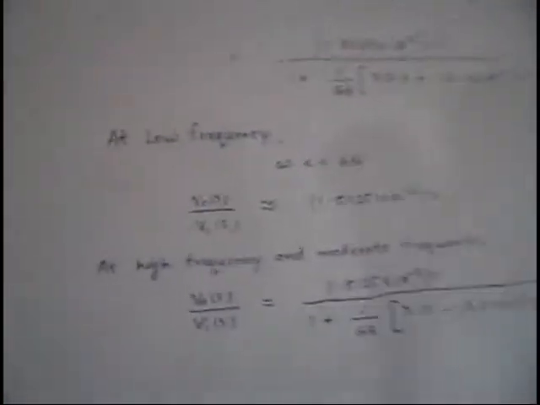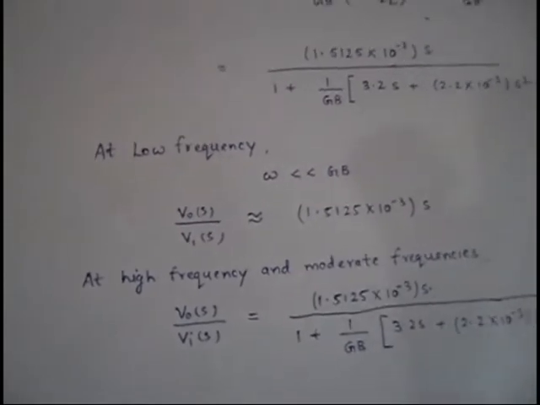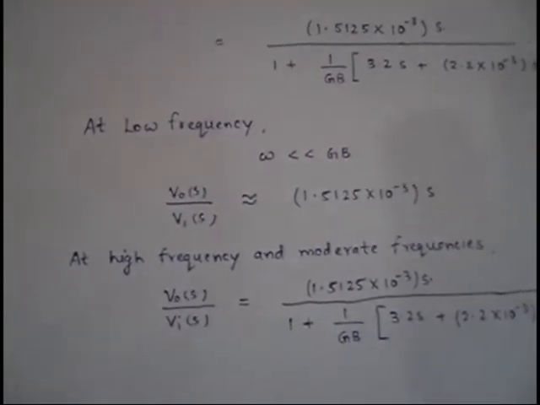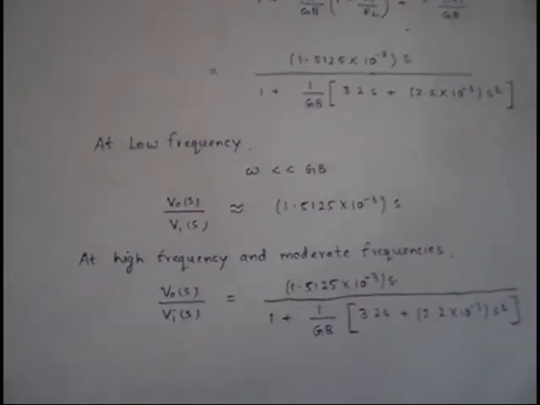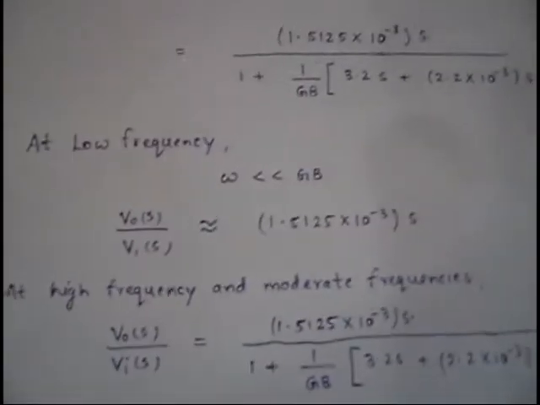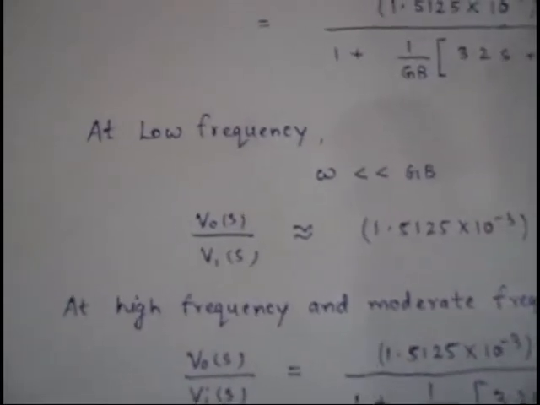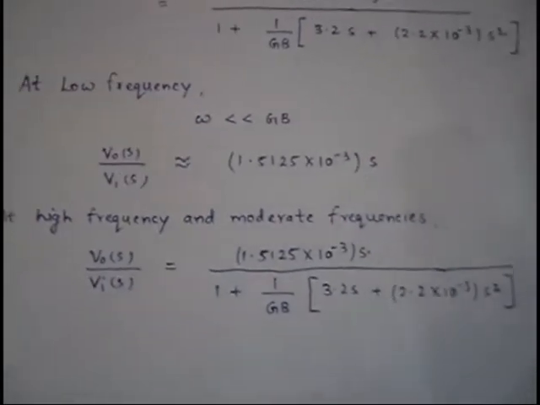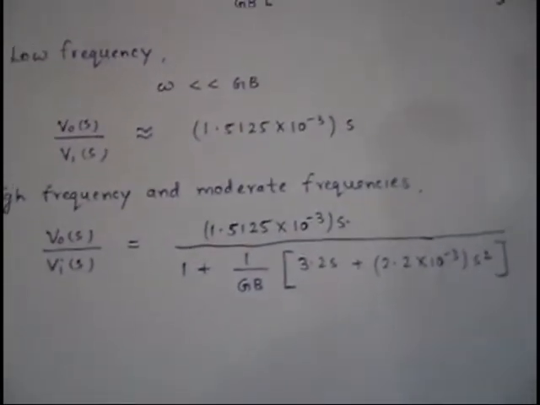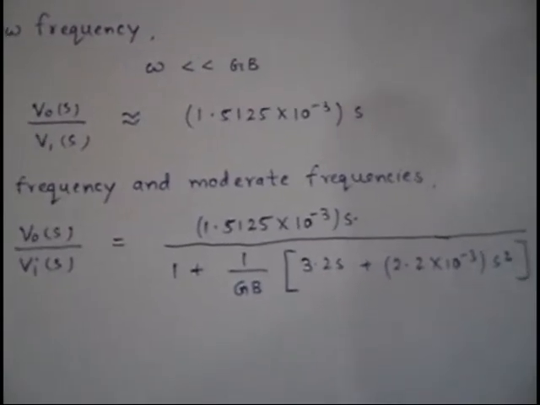We can see that the denominator becomes 0 as GB is very large for lower frequency, and it acts as a perfect differentiator, and the function is like some constant times S, where S is the frequency domain variable, and for higher frequency the transfer function is as written below.